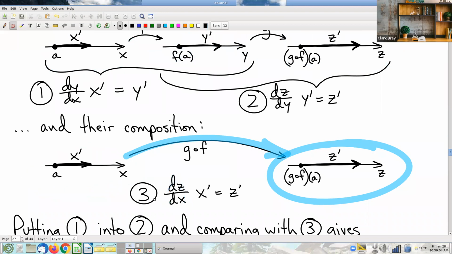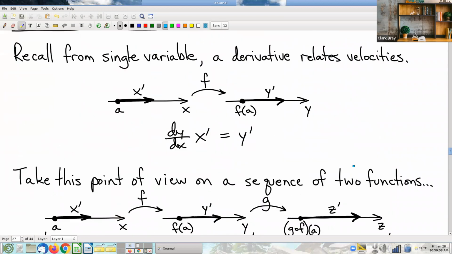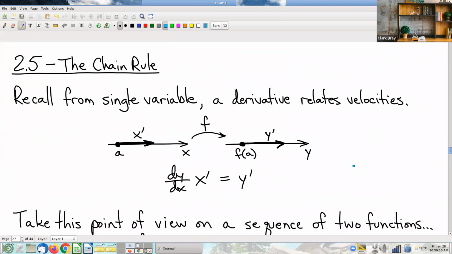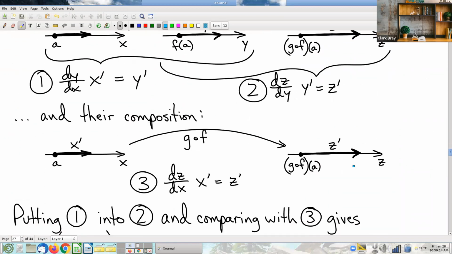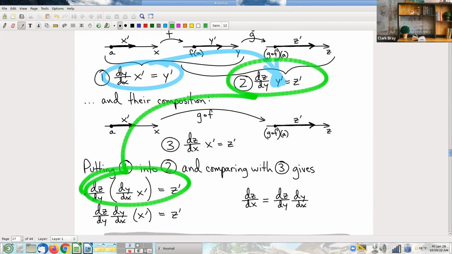Okay, so I've written down, now again, kind of a hairy looking picture, right? But really all I've done is interpret the derivative three different times in a composition. And now there's just some sort of algebraic trickery here, where I'm going to observe that if I take this formula for y prime, put it in there, then this equation becomes that, which of course is the same as that, right?